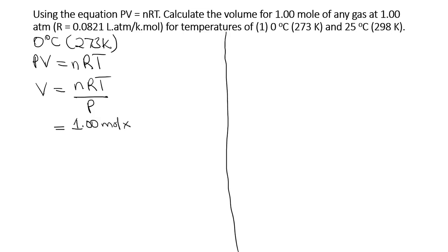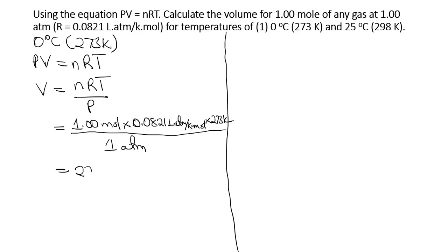R is 0.0821 liter atmosphere per Kelvin mole. Temperature is 273 Kelvin. And the pressure is 1 atmosphere. Now, if you make this calculation, you find that the answer is 22.4 liter.